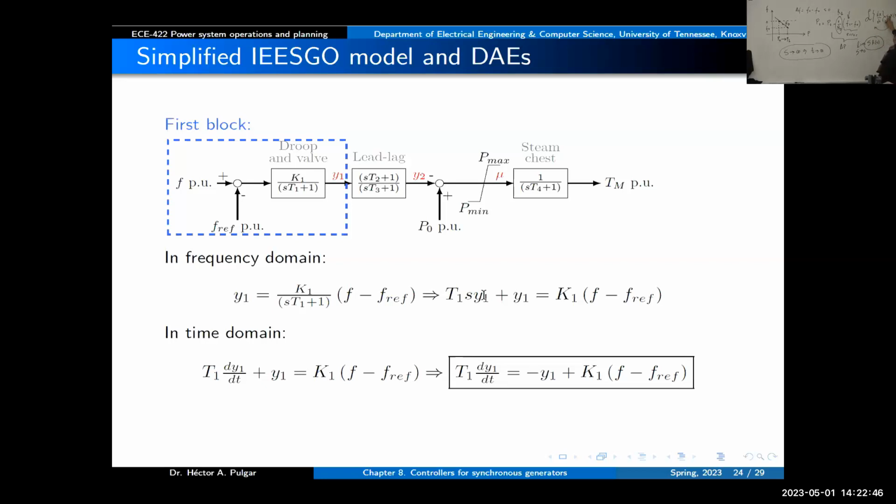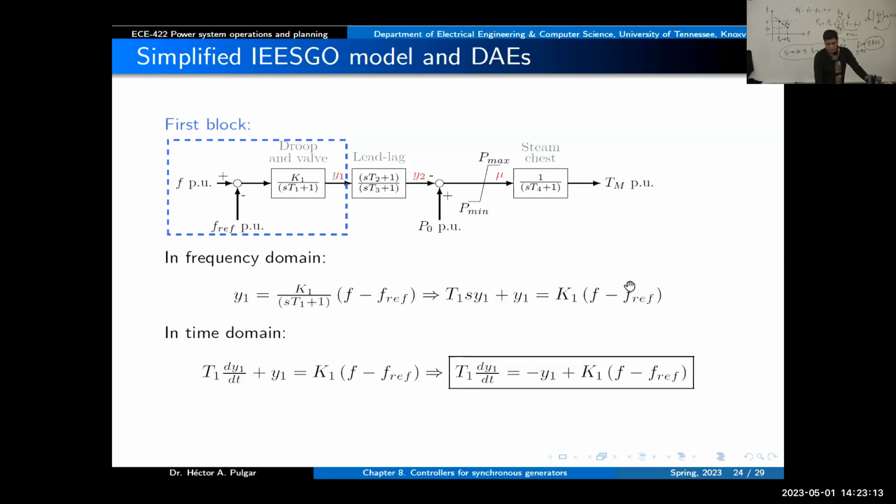If you see a term in the frequency domain that is multiplied by S, the Laplace inverse will give you the derivative of that variable. So by taking the Laplace inverse here, you will have T1 multiplied by the derivative of Y1 in time, which is right here. The Laplace inverse of Y1 is nothing else than Y1.